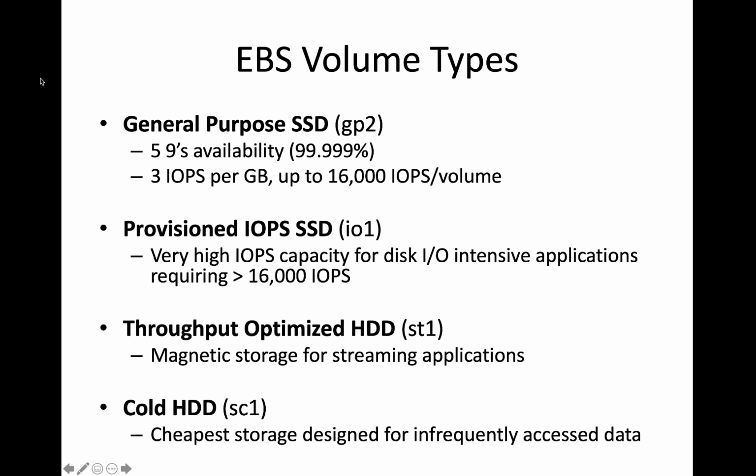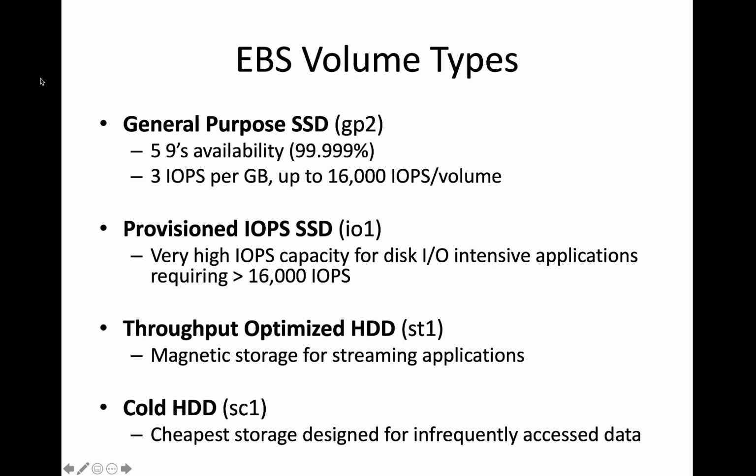When we create an EBS volume for our EC2 instance, we can select from a couple different volume types. And again, these are designed to align with particular use cases. In most cases, you'll just use the general purpose SSD drives, also known as GP2.